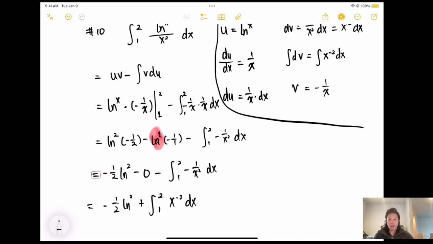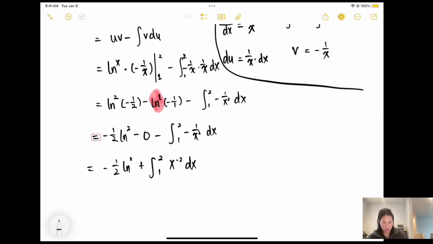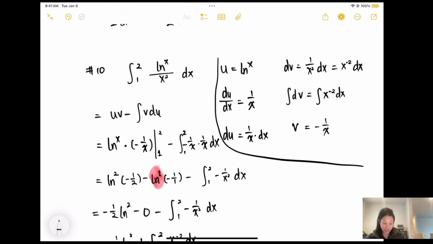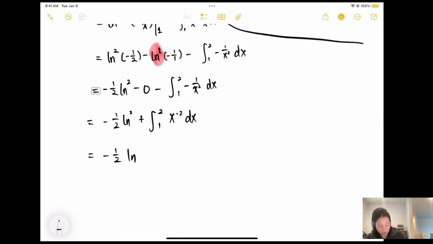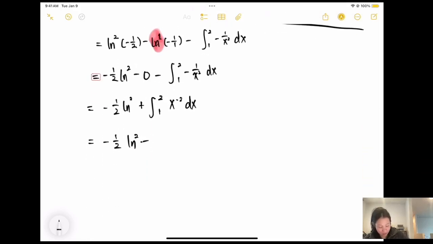Okay, now we need to find the integration of x to the negative 2, which we also did earlier here, which is equal to negative 1 over x. So this is negative 1 over x from 1 to 2.